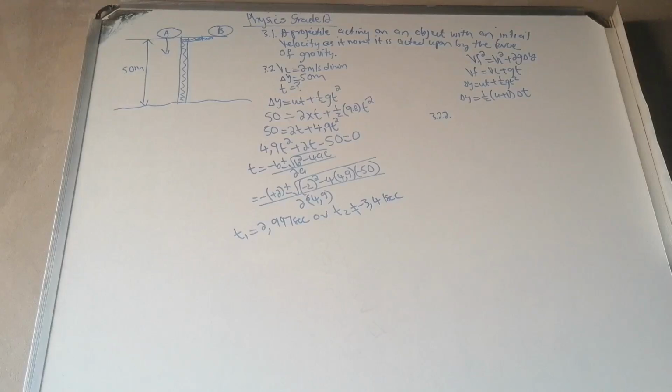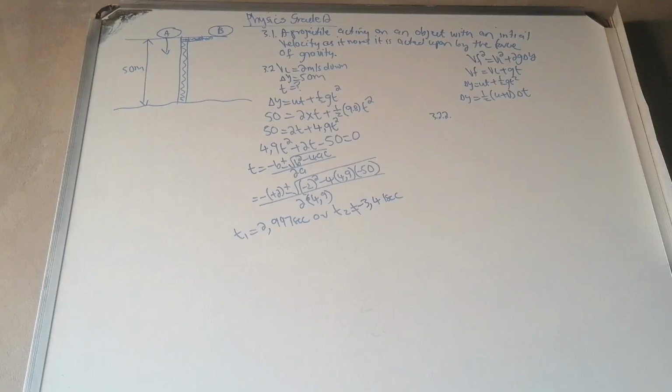Now remember what they said in the statement. They said, after 1 sec, the second stone is thrown at an unknown velocity. So because they said after 1 sec, they are throwing the second stone. How are we going to calculate that?